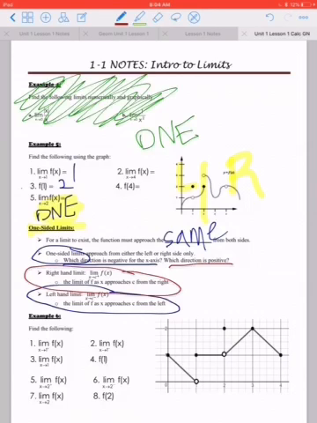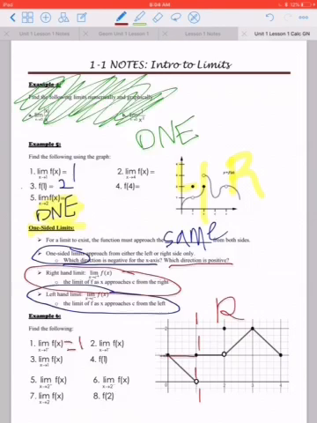It's the limit as x goes to 1, so we're looking at 1 here, and then 1 positive is talking about the right side of the graph. So the limit as f of x approaches 1 on the right side, that value is 1.